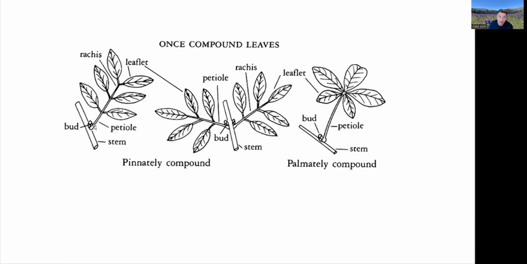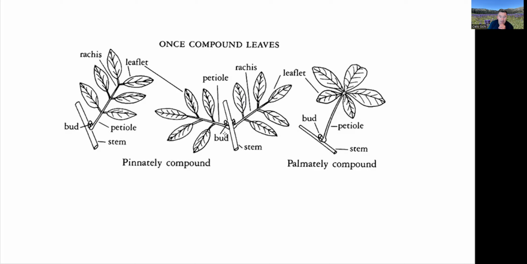So with compound leaves, we have a petiole, leaflets, and those leaflets are joined by a rachis. The other pinnately compound leaf looks very similar, and I'll get into the difference in a second.